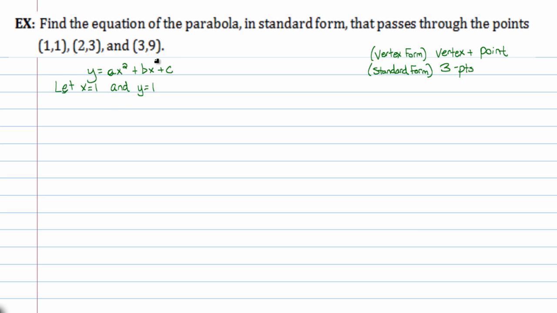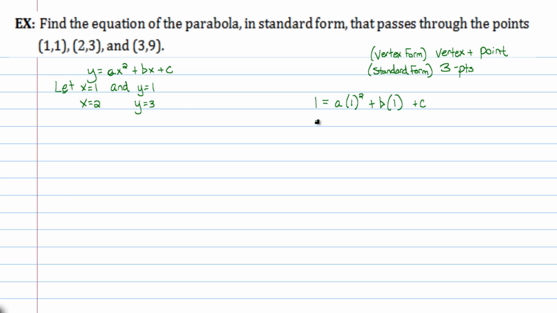And when I do that, I get an equation like this. Y is 1, a times x is 1, plus b times x is still 1, plus c. And of course, then I can go ahead and let x equal 2, and therefore y would be 3.